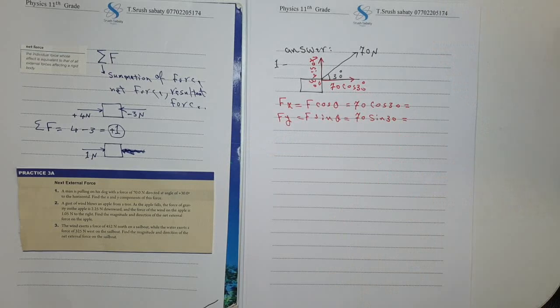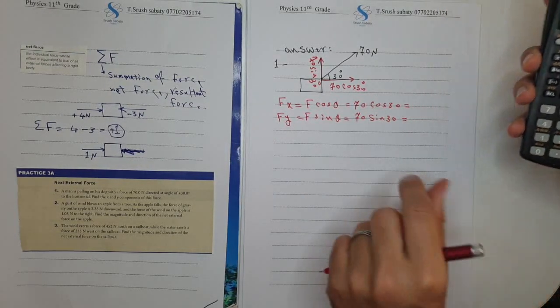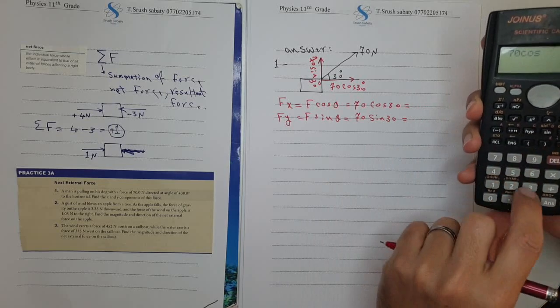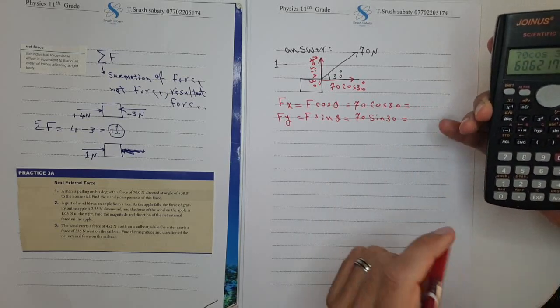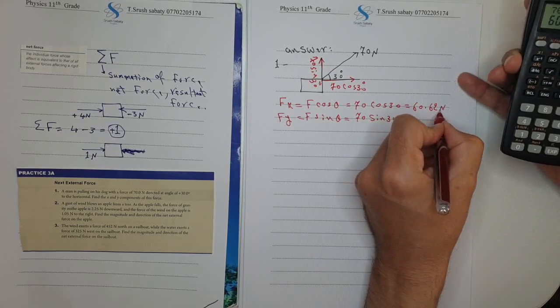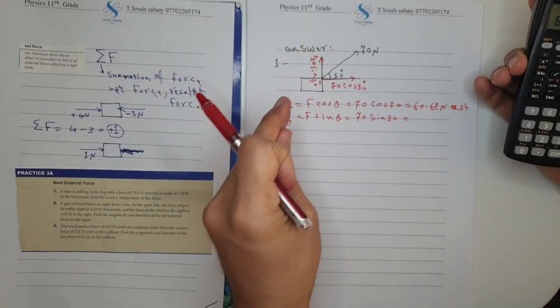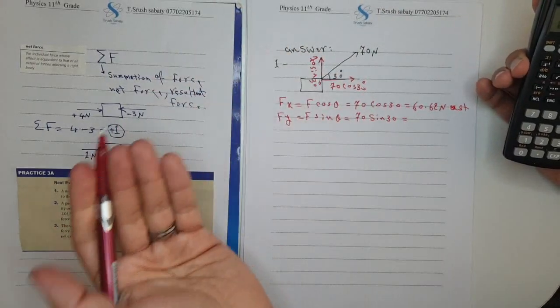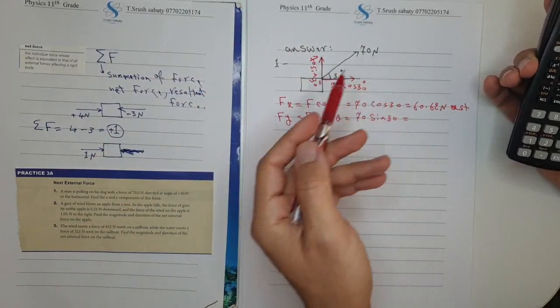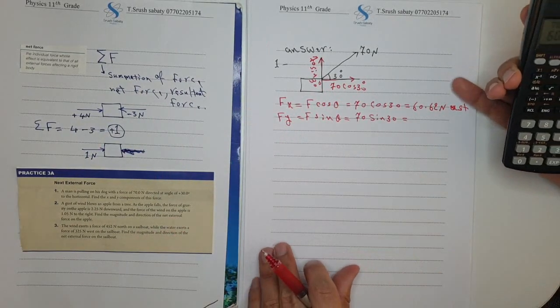So what is the result of it? 70 cosine 30 will be 60.62 Newton toward east. As I told you before, the positive direction is the easiest way, so we direct it toward positive, because it is not mentioned in the question.